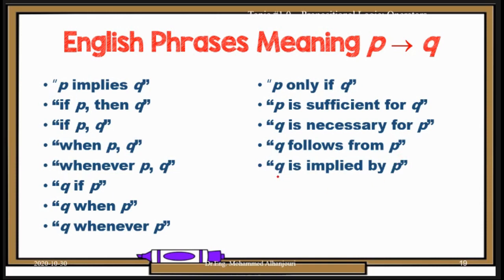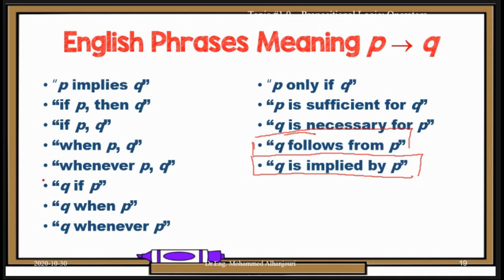So, I am a Filipino is implied by my place of birth, which is the Philippines. Things like that. So, I am a Filipino follows from I was born in the Philippines.